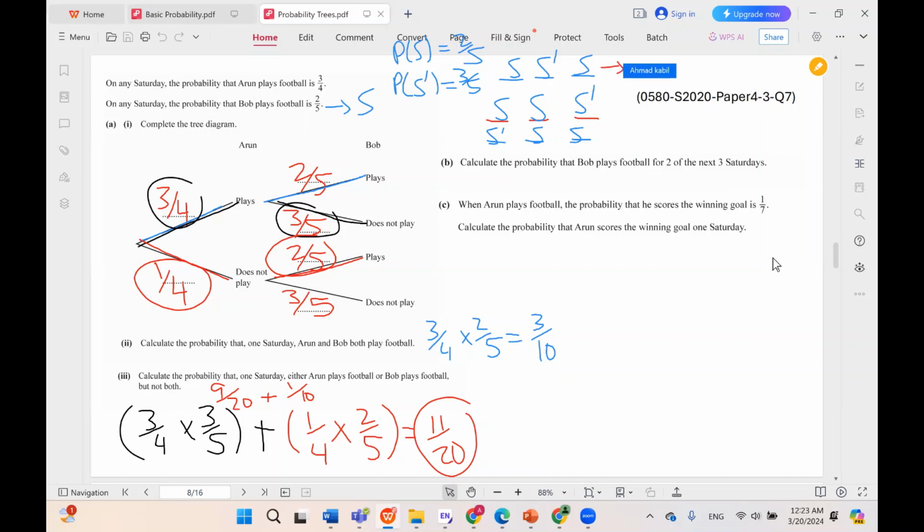So you have 2/5 times 2/5 times 3/5. And then there are 3 ways that this could happen, so we multiply this answer by 3. We can use the calculator to evaluate. We're going to get 36/125.